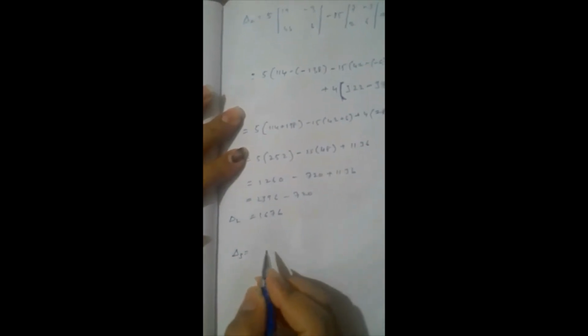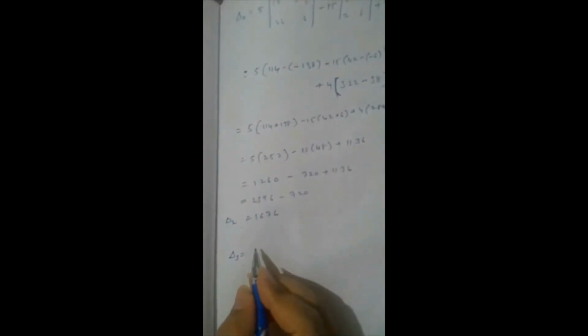So friends, after finding out delta 2 we have to find out delta 3. For finding delta 3, which matrix do we have to take? Now in matrix A, we will replace the third column, that is 4, minus 3, 6, with matrix D. That means we remove this, and in this place we write 15, 19 and 46.